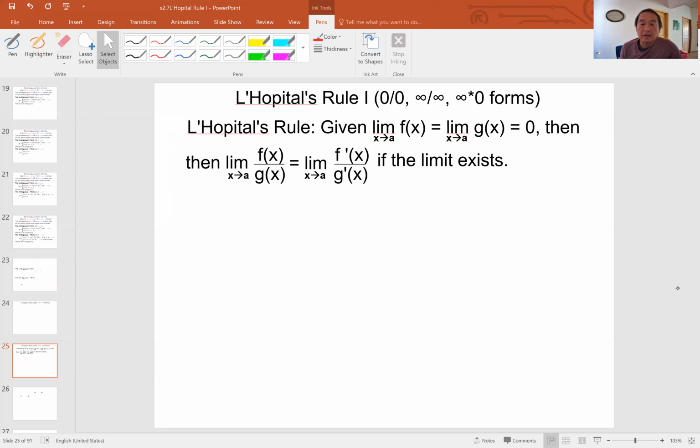It's simply stated: if you get a fractional form, some formulas, and you want to find a limit as x approaches some number a, and when you plug in the number a you get the 0 over 0 form, then you have a surrogate formula that you can use.